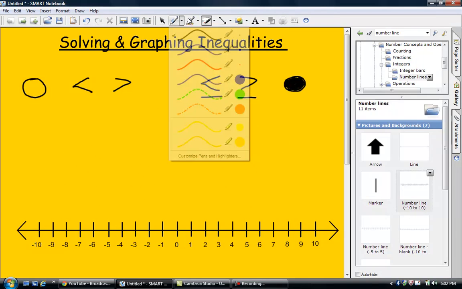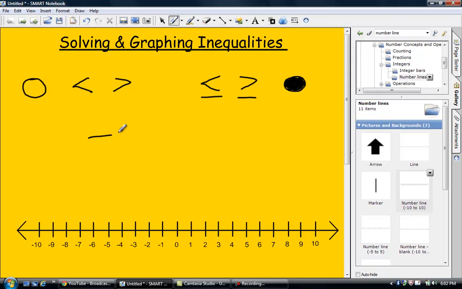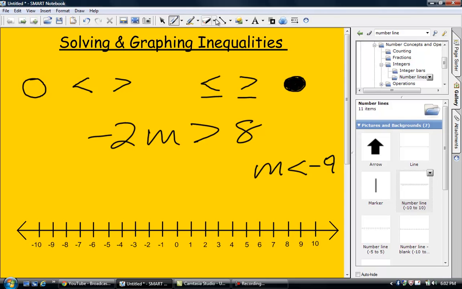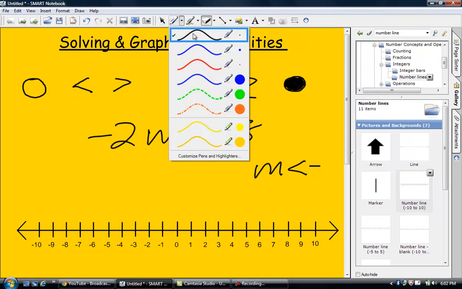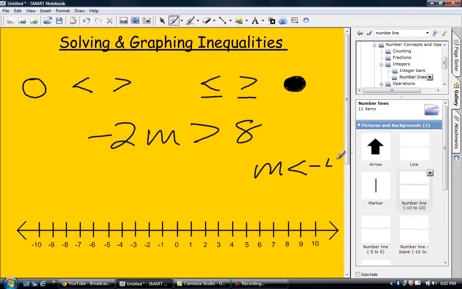Now you may wonder why we have to change the direction of the sign. Let's write that problem again. And our answer was m is less than negative 4. Now, in order for your answer to make sense, you need to change the direction of the sign. Okay, and here's why.